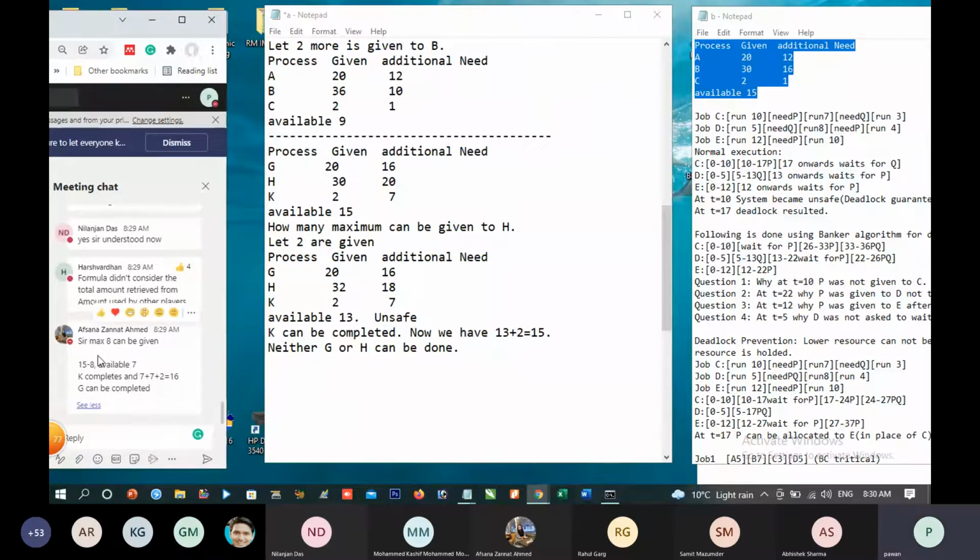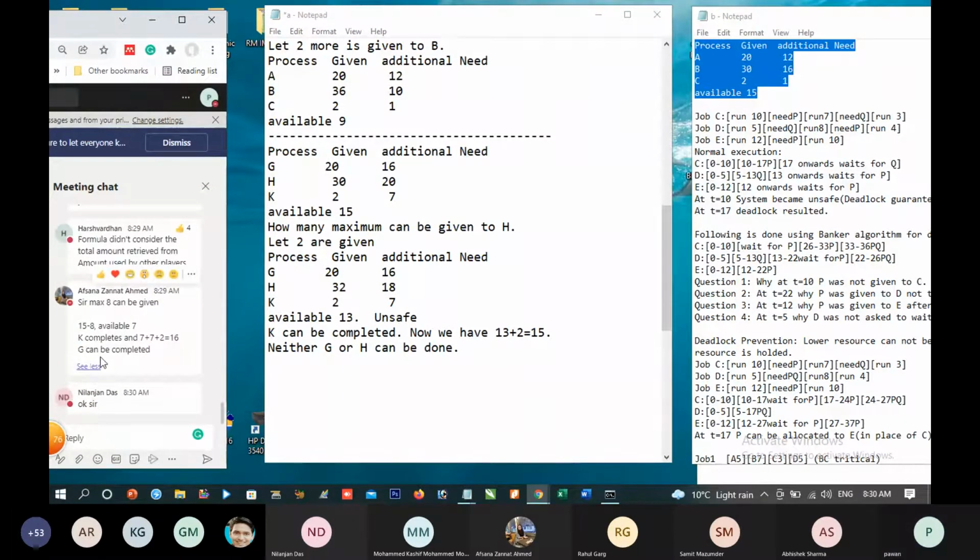No, wrong. Jannat, you are wrong. Forget about 7. Forget about 8. Even giving 2 is unsafe. You see, we have given 2 to H. H will be having 18. Available will be 13.